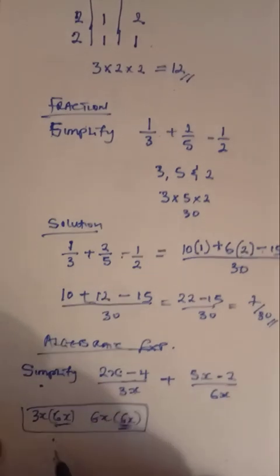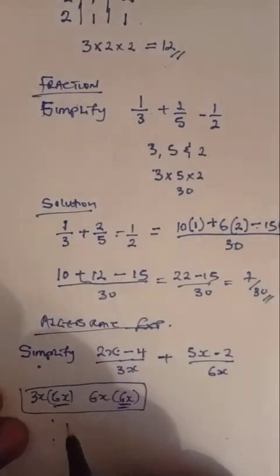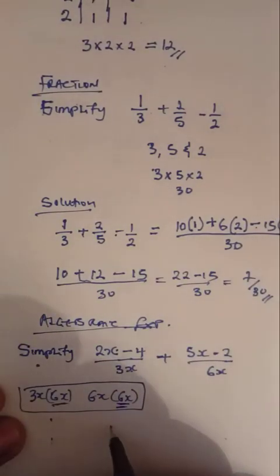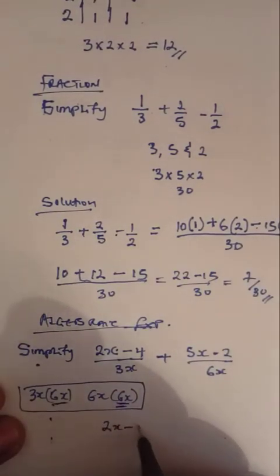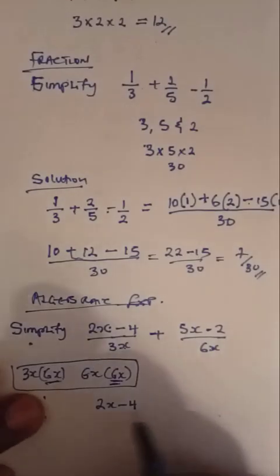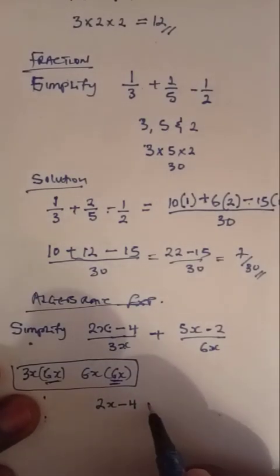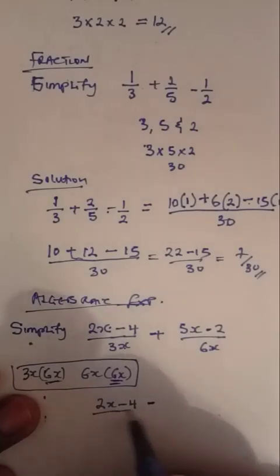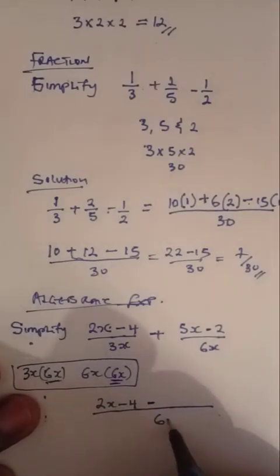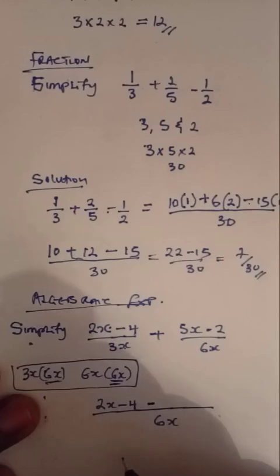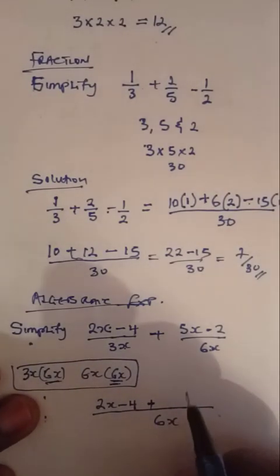So the LCM of this term now becomes 6x. So let's rewrite it. We have 2x minus 4 all over 6x, right?